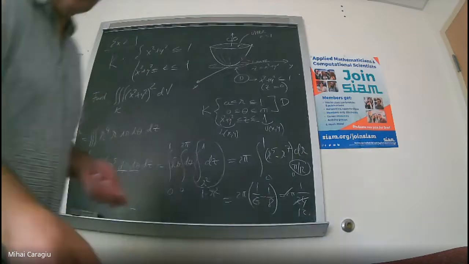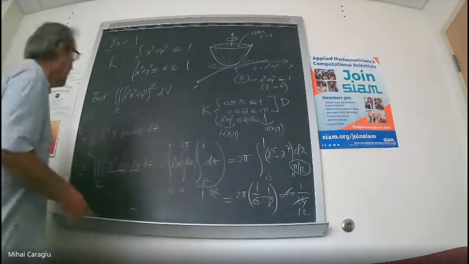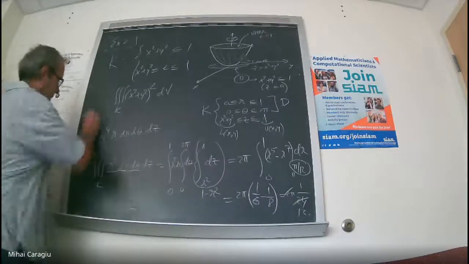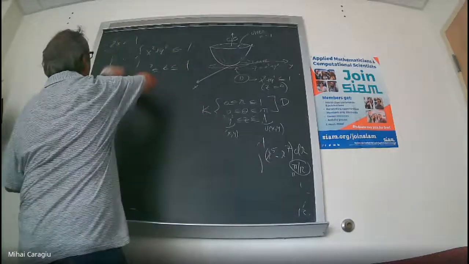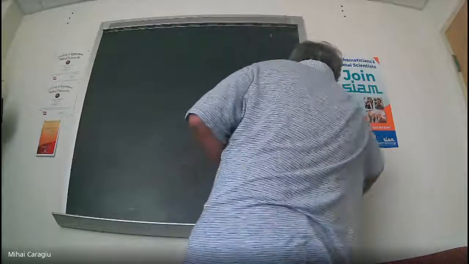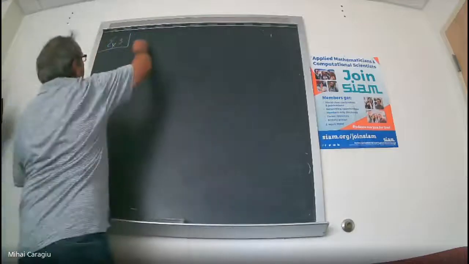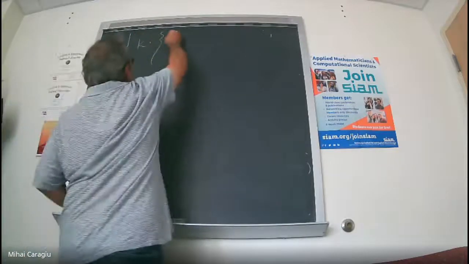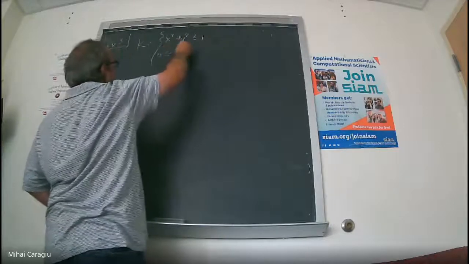Okay. And the last one from the list, exercise 3, involves a trig function in the integrand. Again, the same standard cylinder. K is x squared plus y squared less than or equal to 1 and z between 0 and 1.